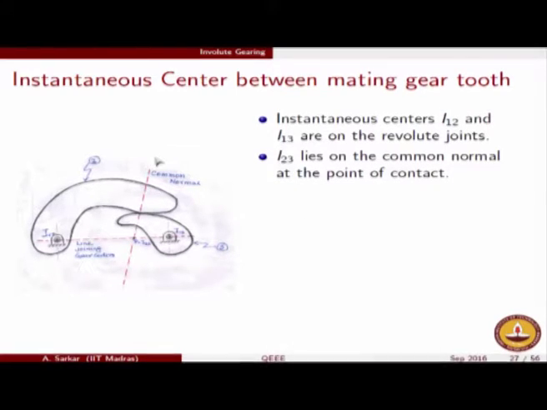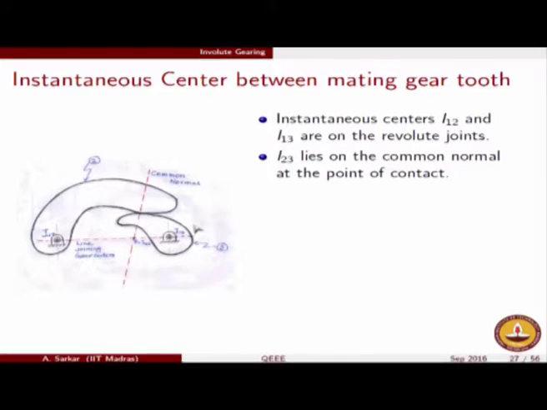Now as we argued, I23, which is the instantaneous center between body 2 and body 3, will lie along the common normal, but we do not know where exactly on the common normal it lies, because we cannot say whether these two bodies are in pure rolling or whether it is rolling with sliding.